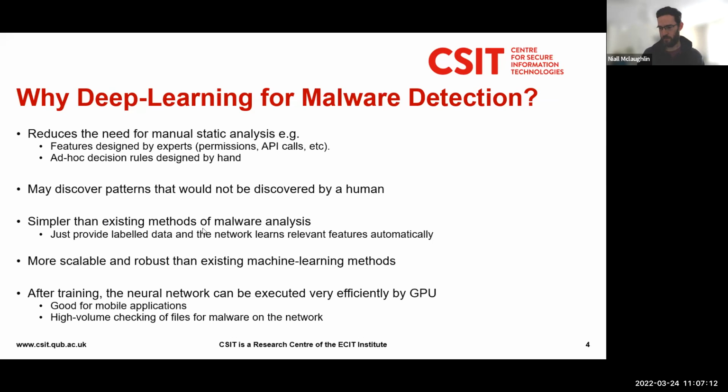The other thing which I think is a bit underrated with deep learning in general is that it is actually quite a simple way to write programs. In the past, if you wanted to analyze a piece of malware, you would have had to spend a really long time developing all of these manual feature extraction methods, different machine learning classifiers, and different feature selections.